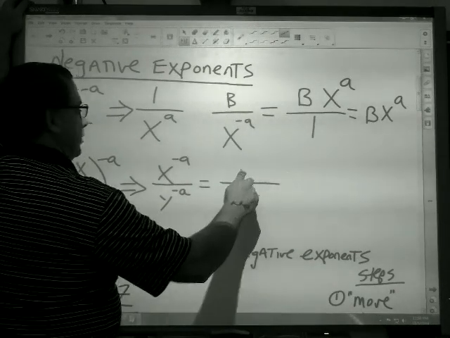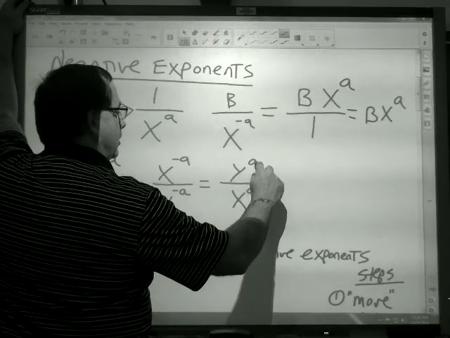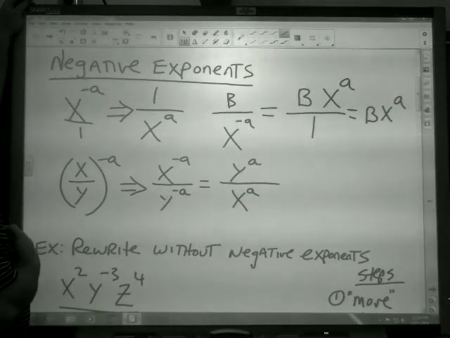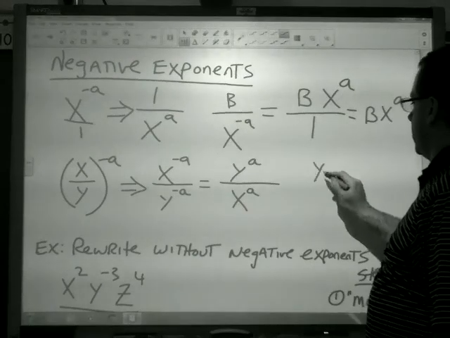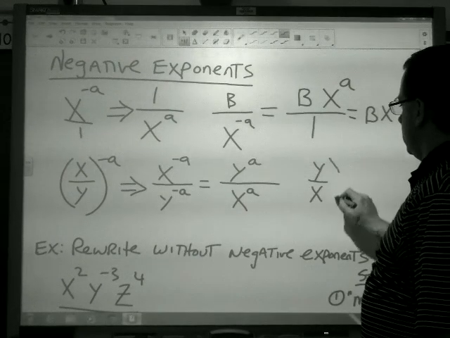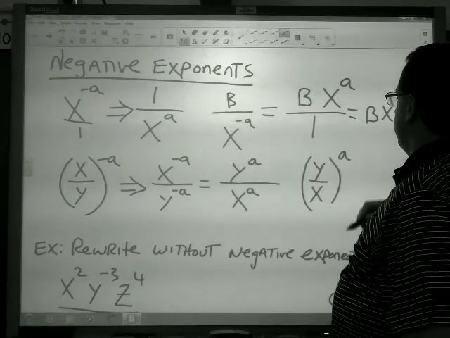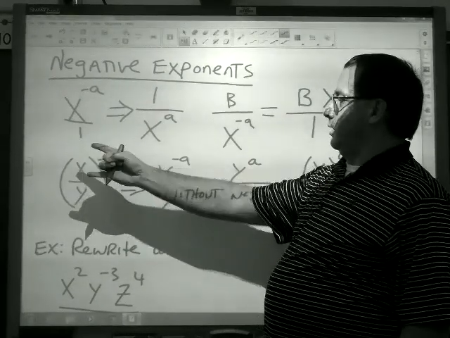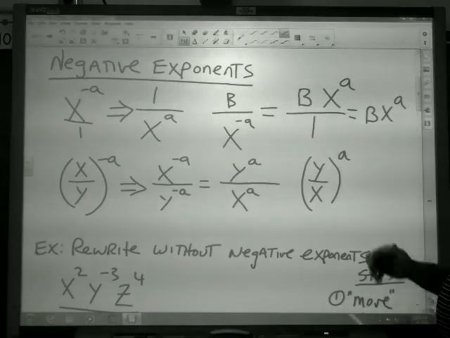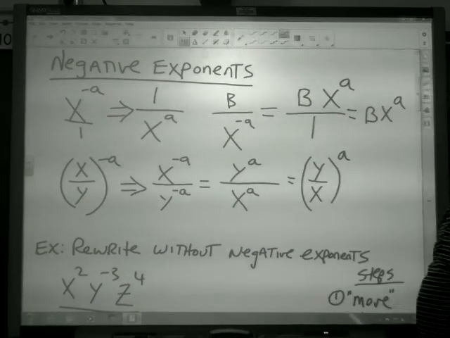If this is on the bottom, it moves to the top. Keep the exponent, no longer negative. I could also, if I wanted to, write that as y over x to the a. It'll take a fraction, and a negative exponent inverts the fraction, or takes the reciprocal of that fraction.